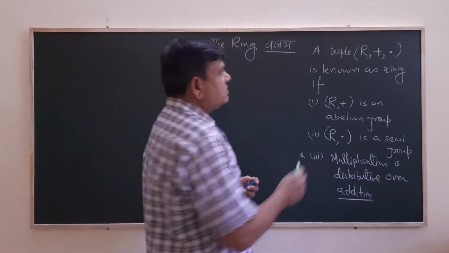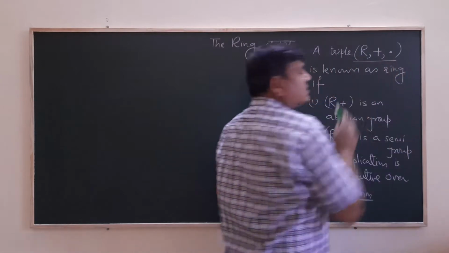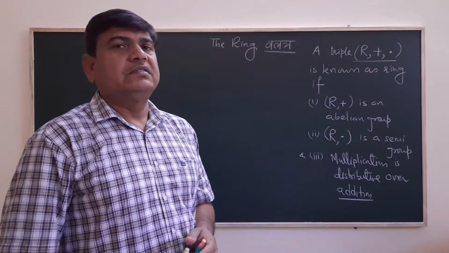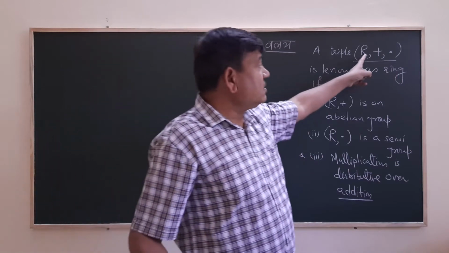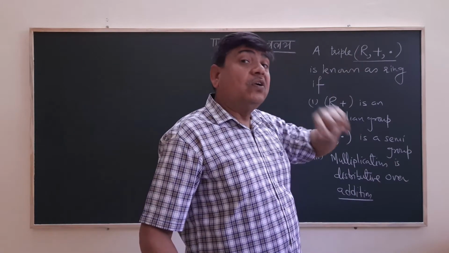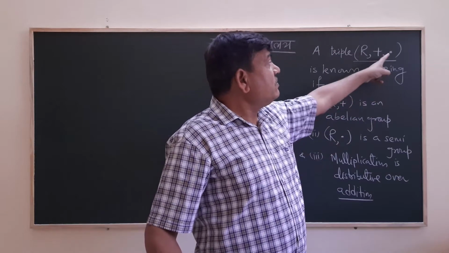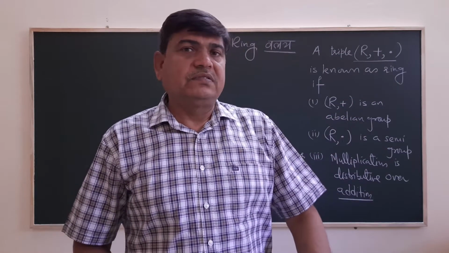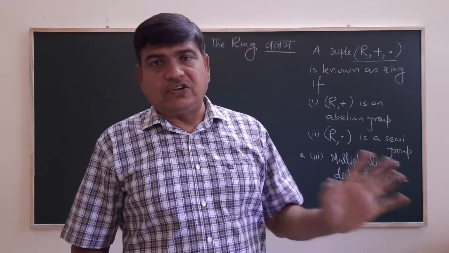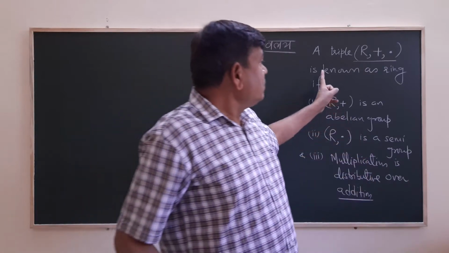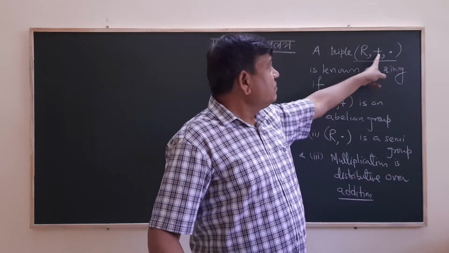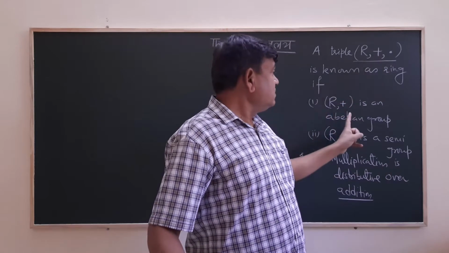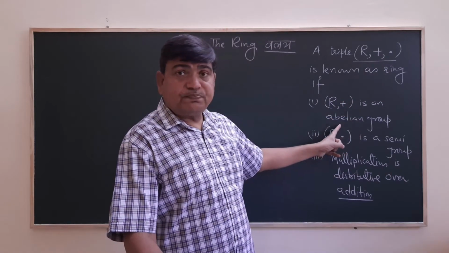A triple R is a non-empty set together with two binary compositions denoted by plus and dot. It forms a ring if with respect to plus it forms an abelian group.